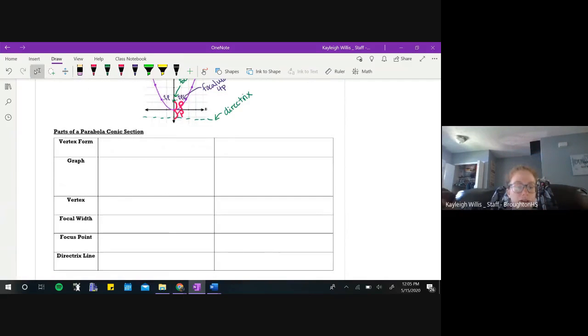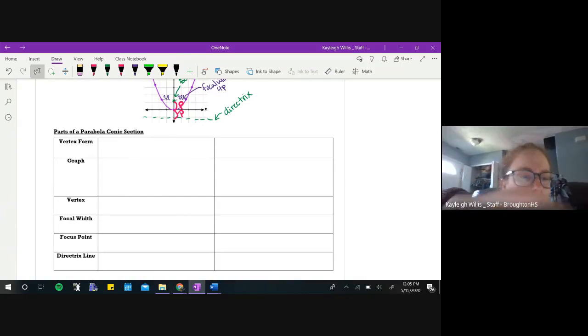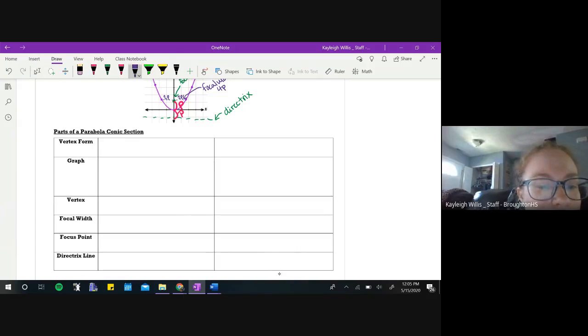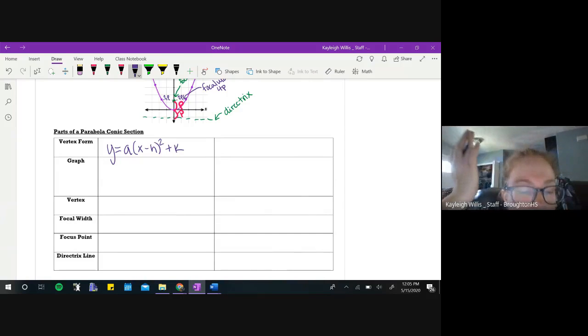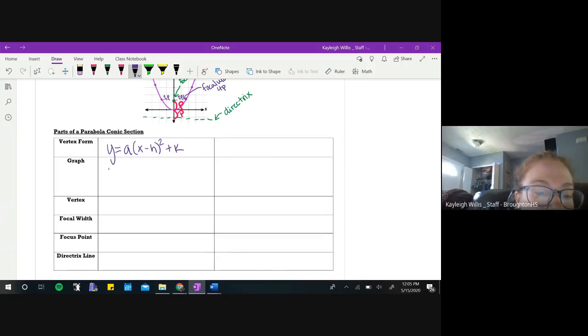So now I'm going to do one type of parabola first. y equals a(x minus h) squared plus k. Hopefully that looks familiar. You learned that in math 2, probably talked about it in math 3. That's the vertex form of a regular facing parabola, up or down, depending on what value that a is. If a is positive, it's going to be facing up.